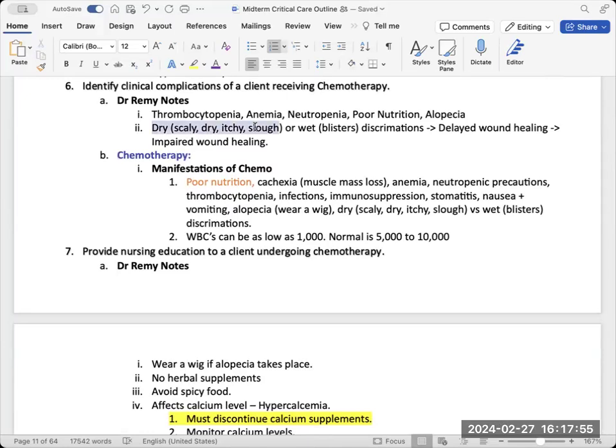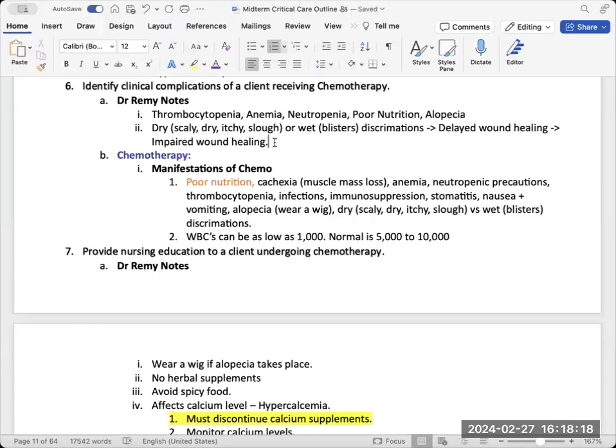I think the one thing I forgot to add was the dry and wet desquamation, I don't know how she says that word. The dry ones are scaly, dry, itchy, and they have slough on it, whereas the wet ones are like blisters. So those are also other chemotherapy complications in addition to all the other ones we said, right?